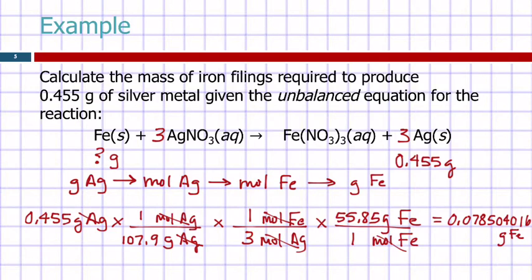So the starting number is limiting. Remember, these leading zeros don't count as significant figures. So it's the 7, the 8, and the 5 that we're keeping. The next digit is less than 5, so we round down. 0.0785 grams of iron.